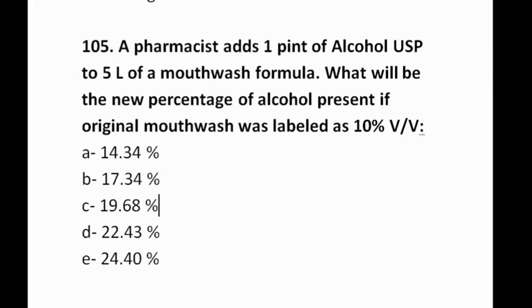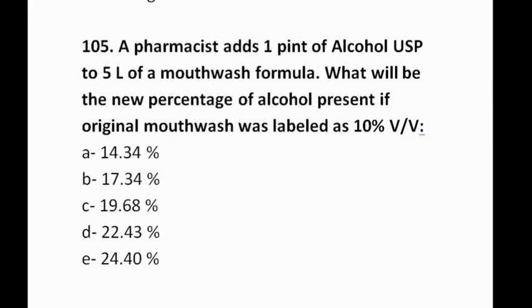So in 1 pint of alcohol USP, how much alcohol will be there? In alcohol USP 95% is there in 100 ml, so how much alcohol will be there in 1 pint, that is 473 ml? By cross multiplying we will get the amount of alcohol in 1 pint.